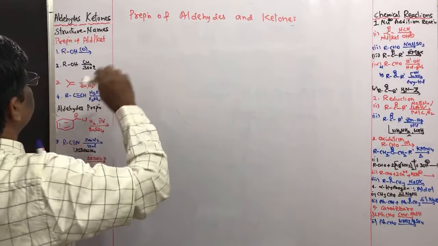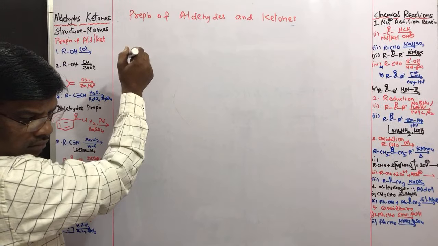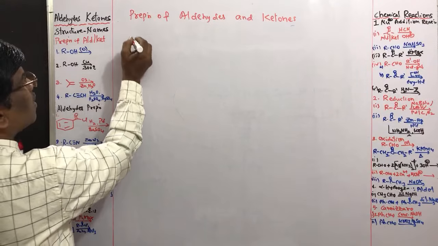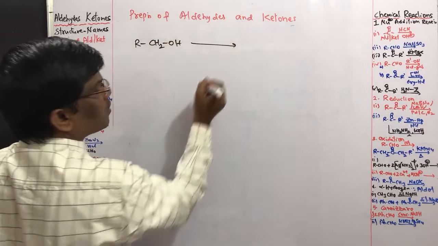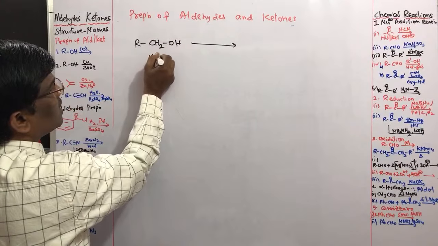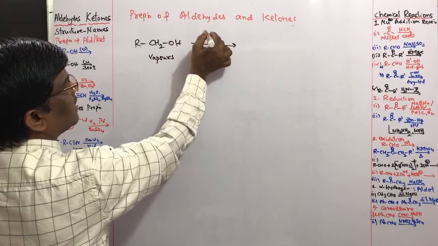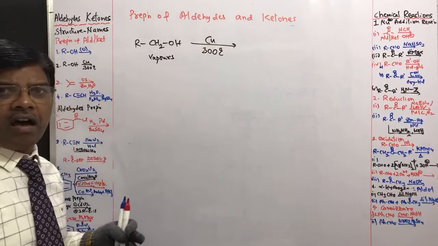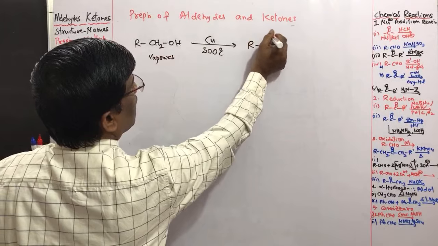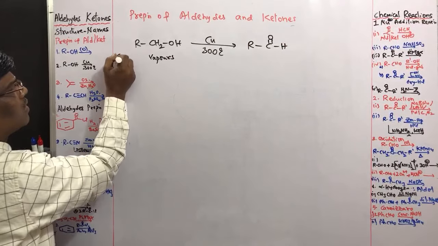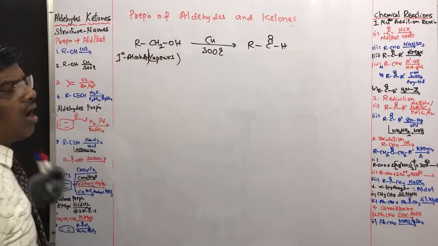For example, when I pass primary alcohol vapors, since it is high temperature, it is going to be in vapor state, at 300 degrees centigrade through a red hot copper tube, I am going to get aldehydes.